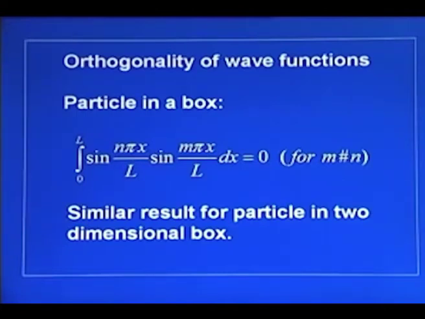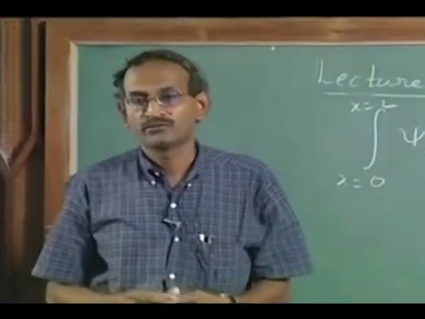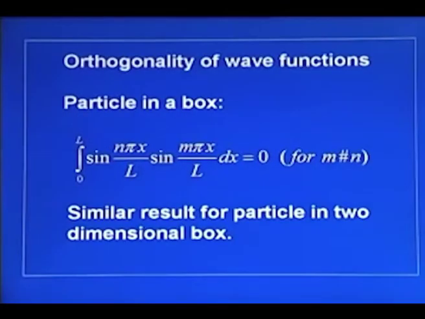The orthogonality of wave functions for a particle in the box, as you see here, is that the integral of the two wave functions sin n pi x by L and sin m pi x by L dx, integrated between the limits of the particle in the box, that is, integrated over all the space available to the system, is 0 for solutions which do not have the same eigenvalue.